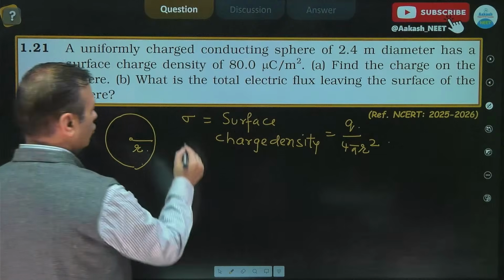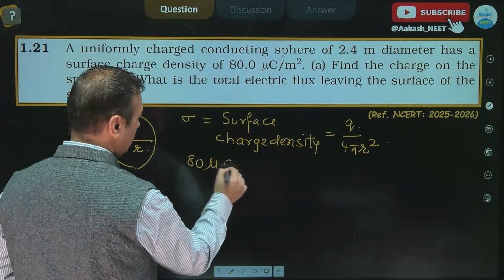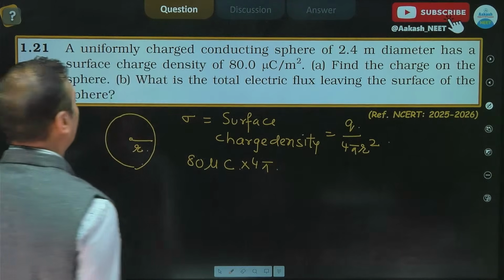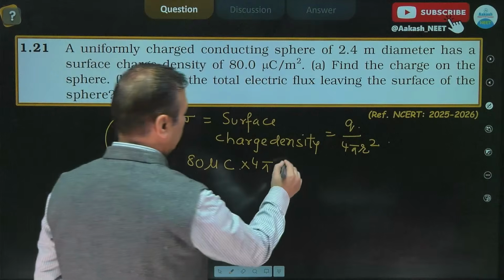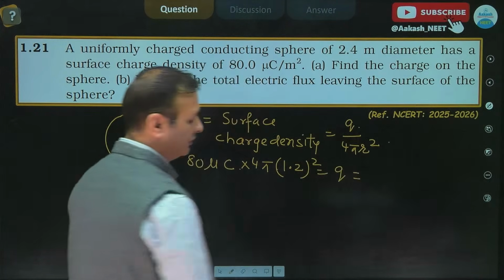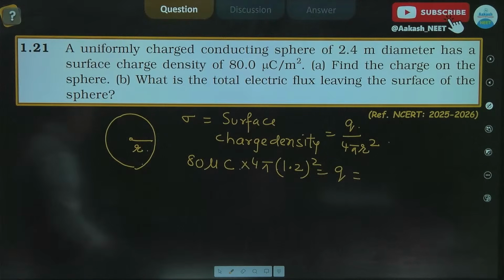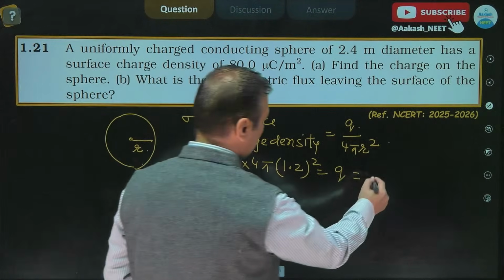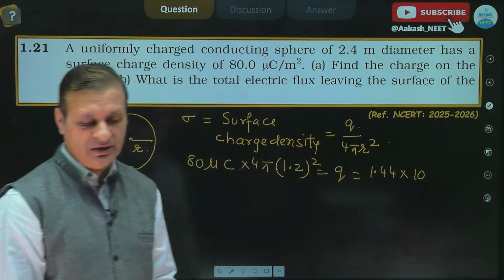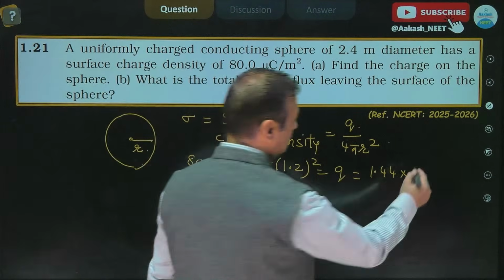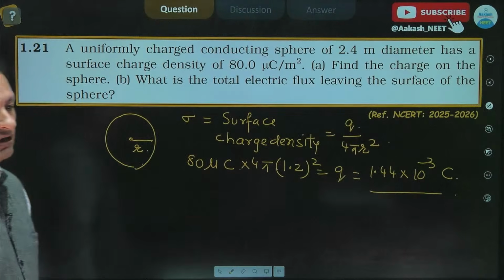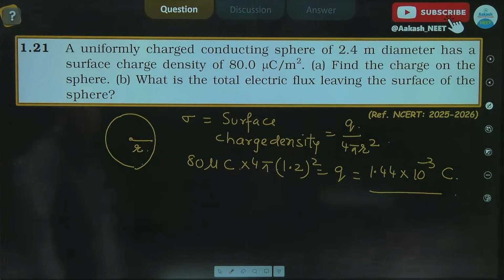This is known to us as 80 microcoulomb per meter square. When you multiply it with 4 pi r square, where radius is 1.2, you will end up with the value of q. This q comes out to be 1.44 into 10 to the power minus 3 coulombs. So this is the value of the charge we have.